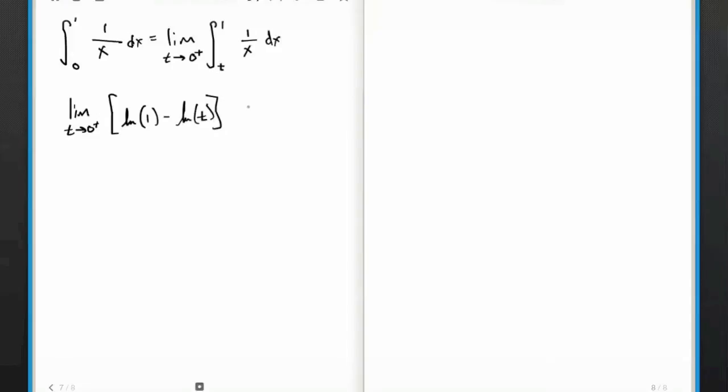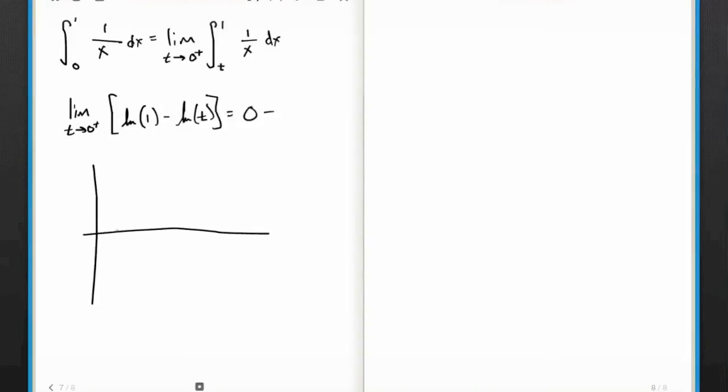Okay, so we're feeling pretty good there. But the natural log of 1 is 0. That doesn't really depend on the t at all. 0 minus, well, the natural log of t, as t is really small, let's kind of remember what the natural log looks like in case you don't.